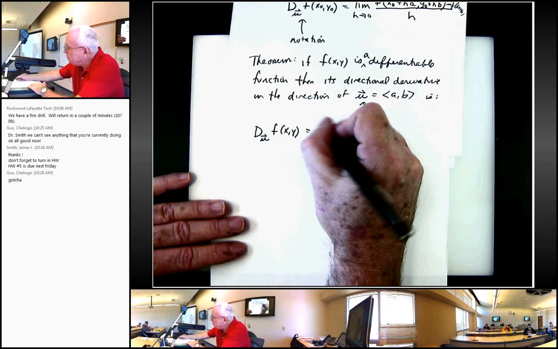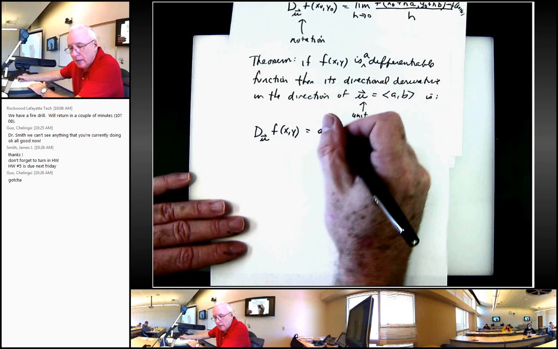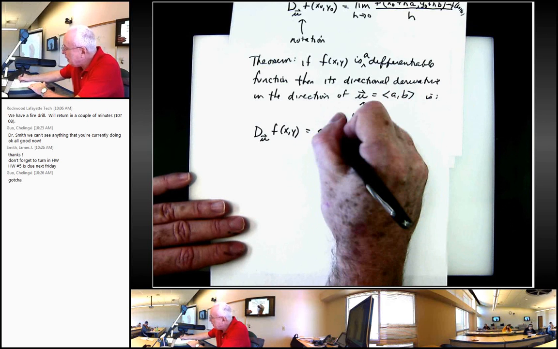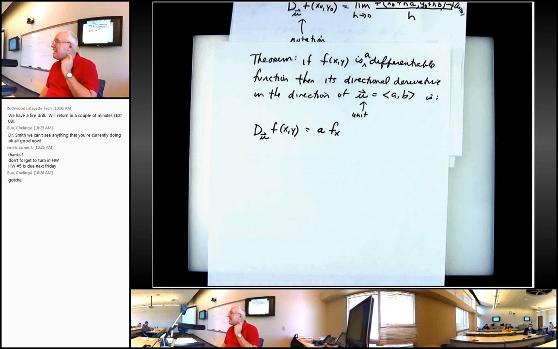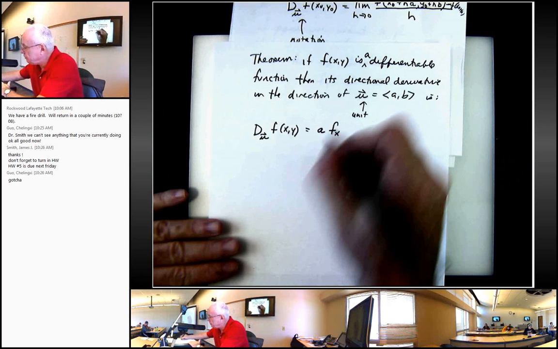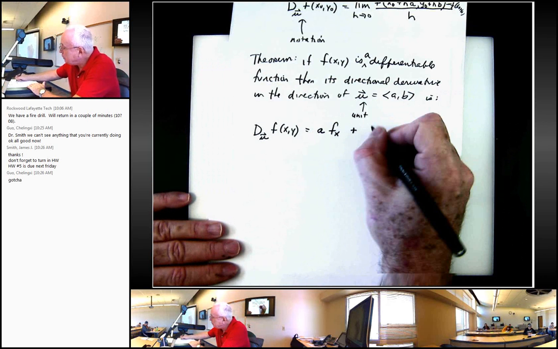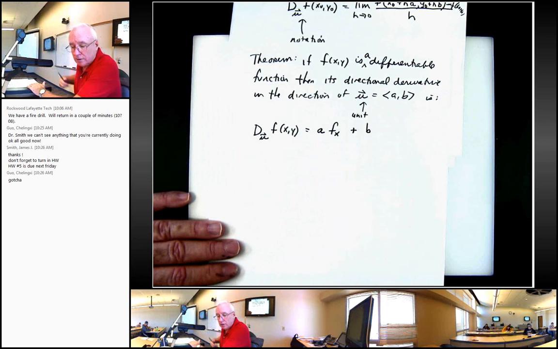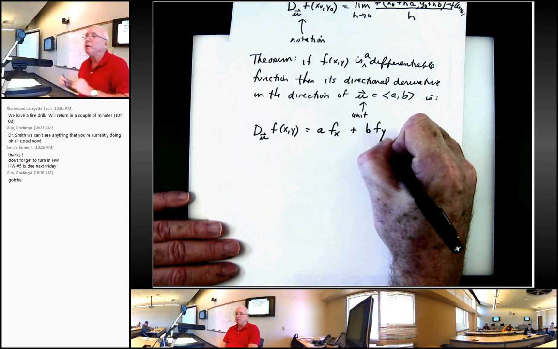It's going to be that number a times f_x, the partial derivative with respect to x of our function, plus the y component of the unit vector times the partial derivative with respect to y.